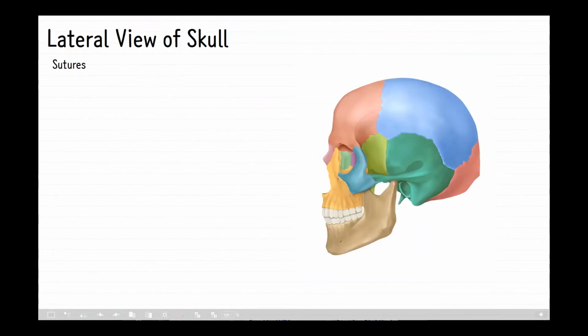Now let's talk about the sutures found in the lateral view of the skull. If we know the names of individual bones, the suture's name is very easy to memorize. The first one is the frontozygomatic suture.